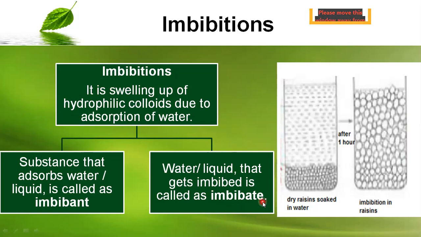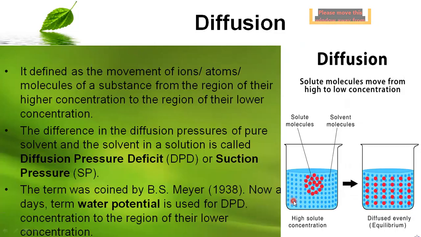Right. Now we will see the next process, that is diffusion. Diffusion means dispersion. Diffusion is defined as the movement of the ions, atoms and molecules of a substance from the region of their higher concentration to the region of their lower concentration.